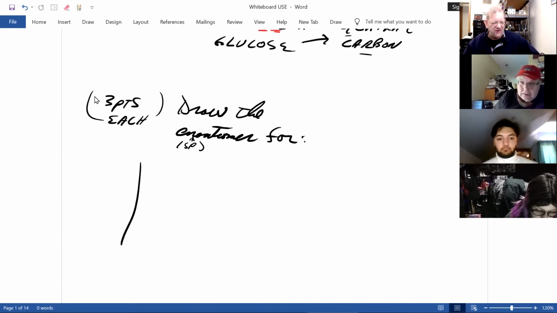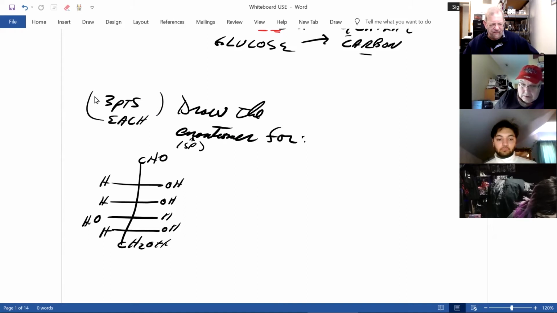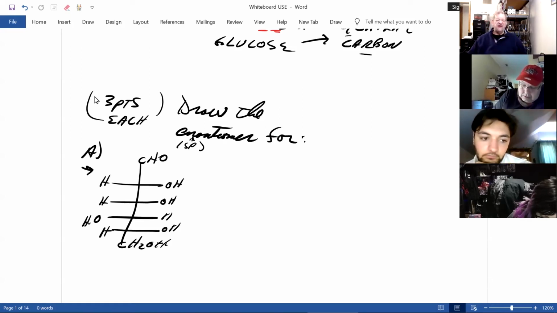All right, so let's look at this. If I show you this structure and I ask, for 3 points each, draw the enantiomer for that, what am I really asking?